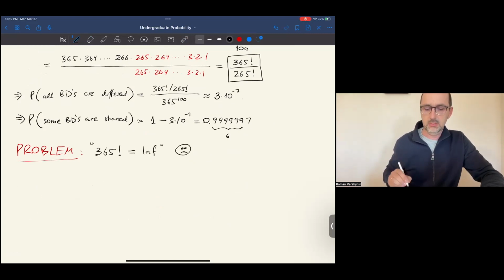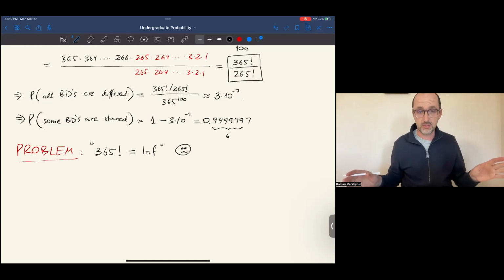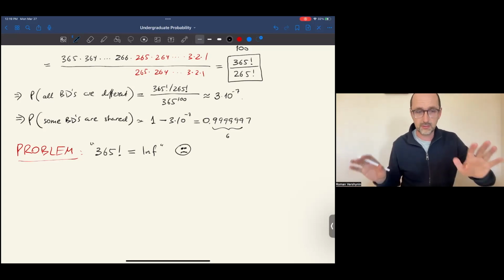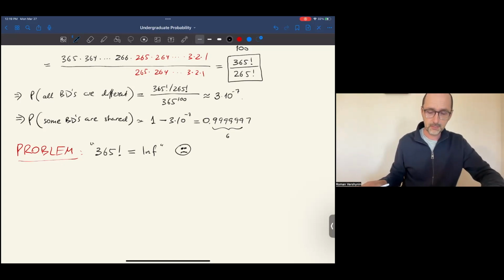What's going on here? It's not infinity, but the computer thinks it's such a large number, such a huge number, that it won't hold it. It just can't really calculate that number.